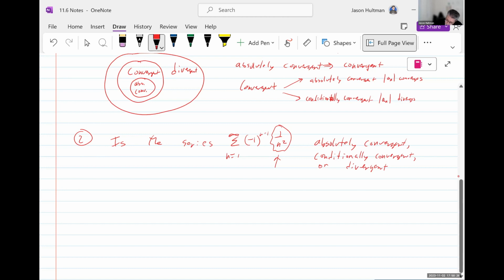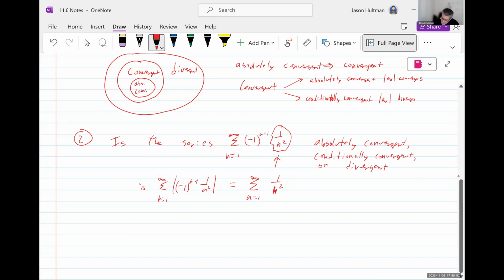Okay, so is this thing convergent? Is the summation of the absolute value of negative 1 to the n minus 1 of 1 over n squared, as n equals 1 to infinity, convergent or divergent? This is going to equal the summation n equals 1 to infinity of 1 over n squared.